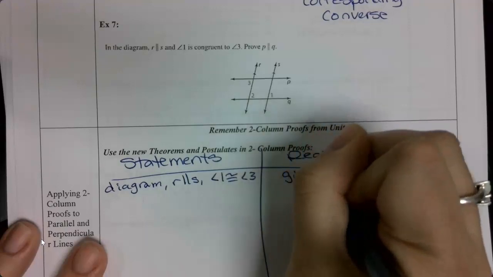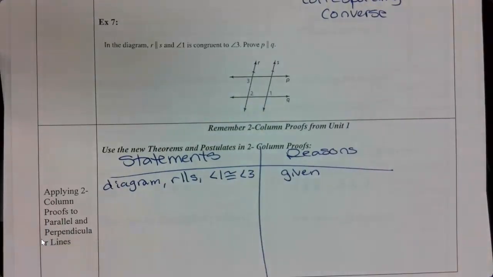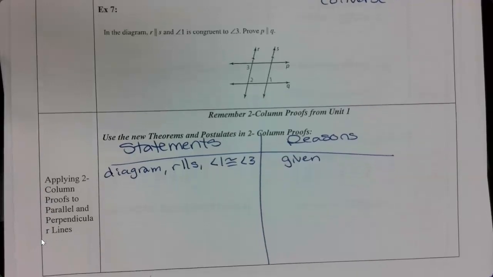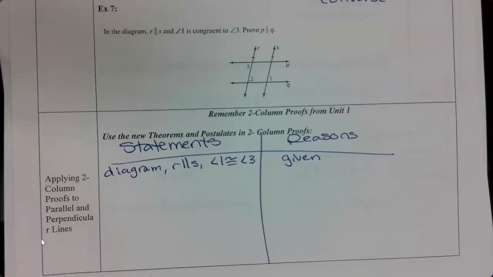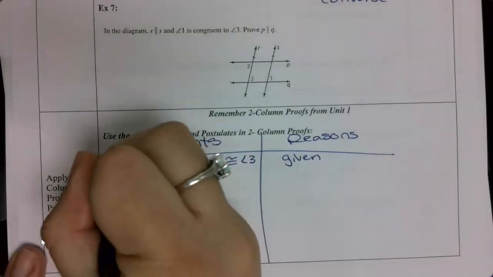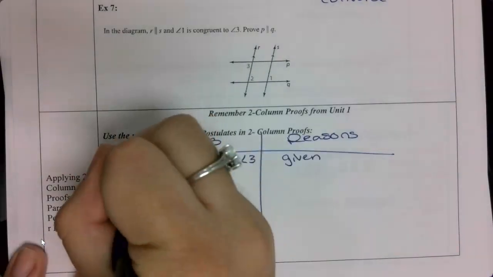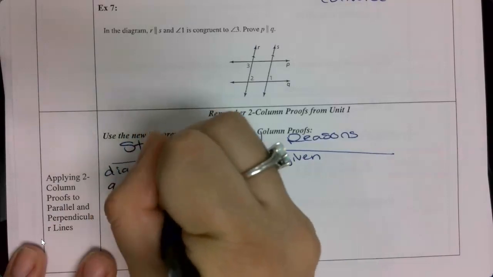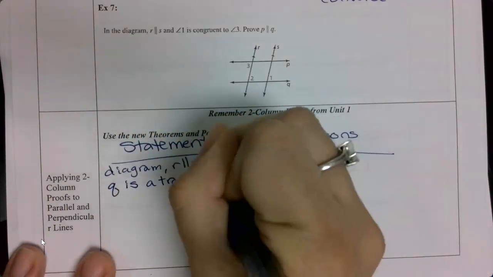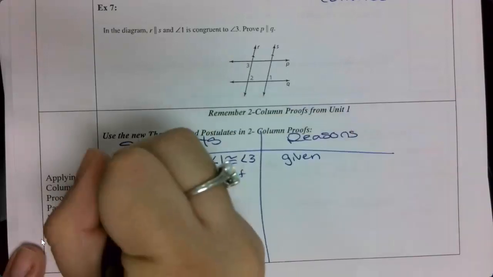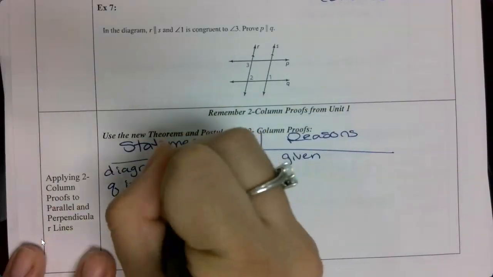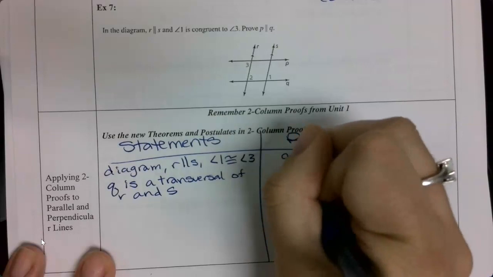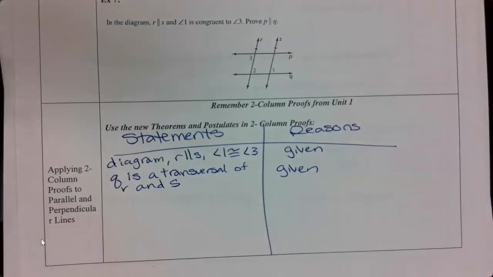And my first reason is always given. So because R is parallel to S, I know that Q is a transversal from the picture. I'm just going to say this is given because I can see that on the diagram.